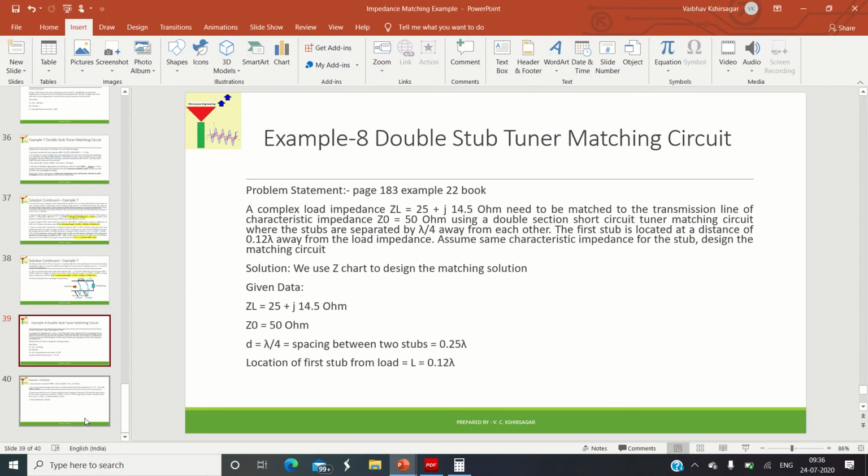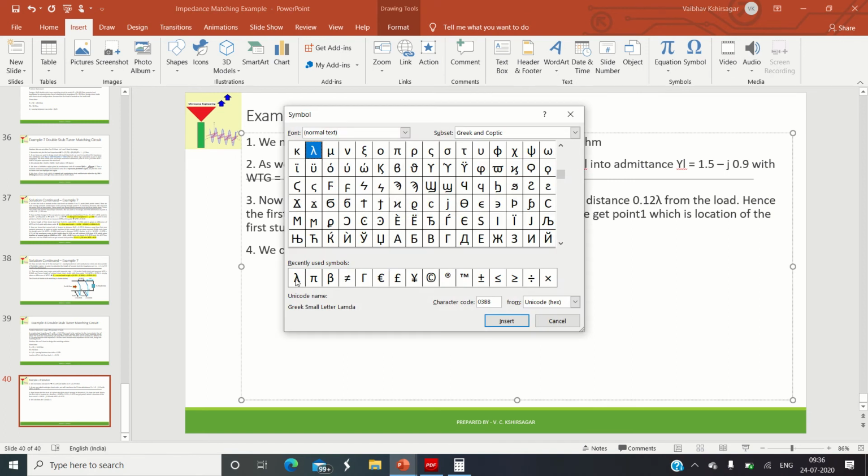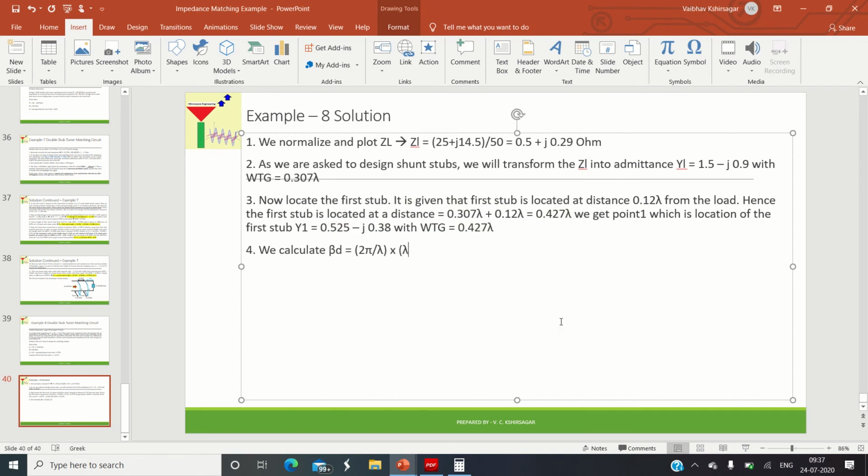So here D is lambda by 4, into lambda by 4. If you simplify 2 pi by lambda into lambda by 4, the lambda will get cancelled, and 2 will come in the denominator, so it will be pi by 2.